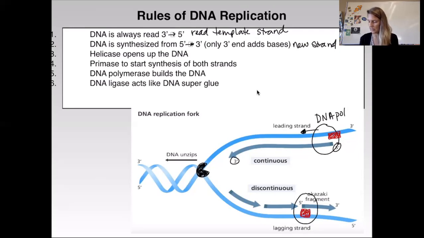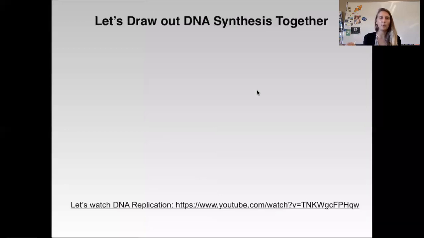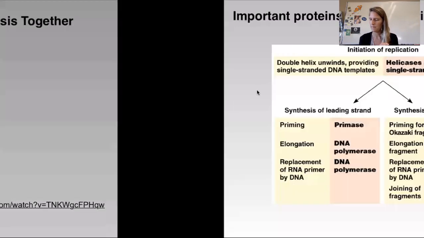It's going to read the template strand, and it's going to create a new strand, always on that 3' OH. The DNA polymerase is going to be the one that reads the strand, adds complementary base, reads the template, adds complementary base. And then we're going to see DNA ligase going in afterwards and super gluing these pieces together on the new strand. All right, so I've already filmed drawing out this synthesis together. So this is another one that would be really useful to watch.